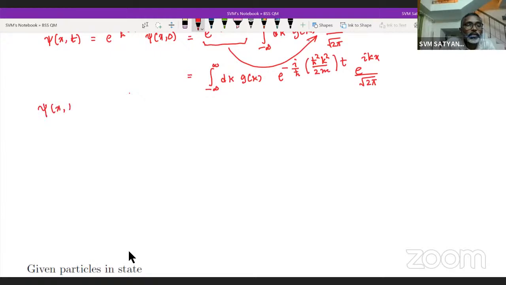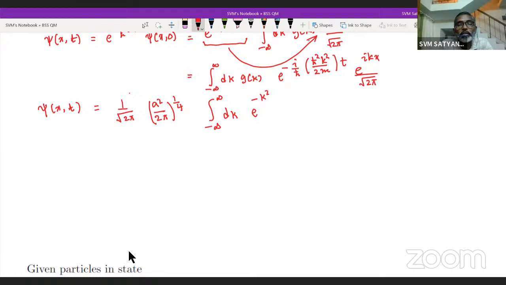psi of x comma t is equal to 1 over square root of 2 pi, a square divided by 2 pi to the power 1 by 4, into the integral from minus infinity to plus infinity dk e to the power minus k square.